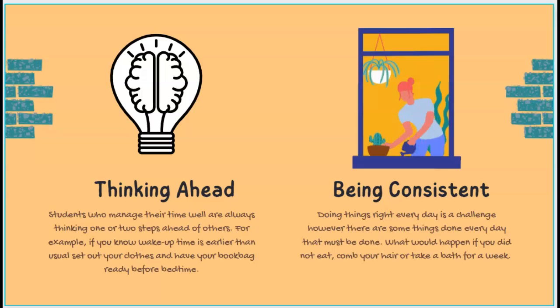Speaking of thinking, from there, we want the students to start thinking ahead of time. Managing your time is thinking ahead of time, and we give an example about waking up and having your stuff already ready instead of going out the house and grabbing a bag of chips.